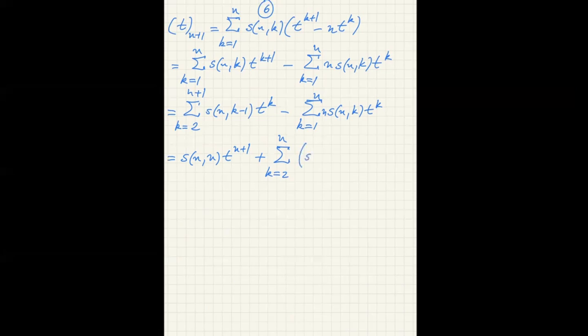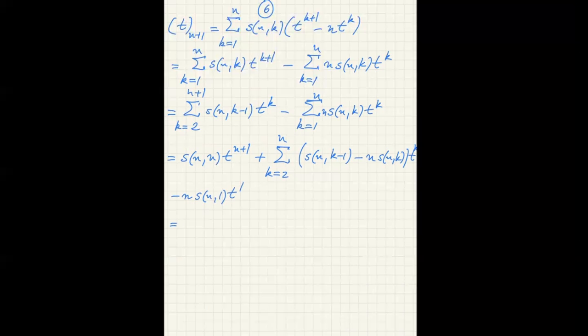So I will have an S_{n,k-1} from the first, and I will have a minus n S_{n,k} from the second, times T to the k, plus what's left, it's actually a minus, there's a k equals 1 from the second sum, and that's going to be minus n S_{n,1} T to the power 1.